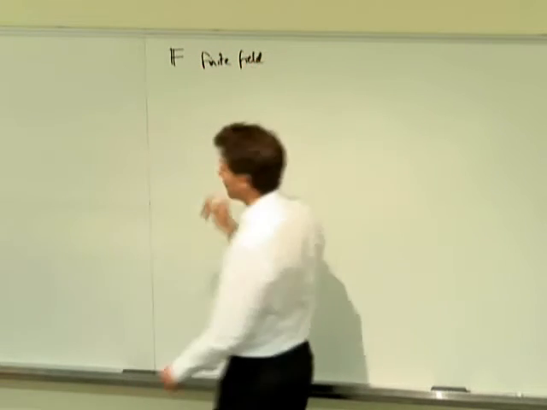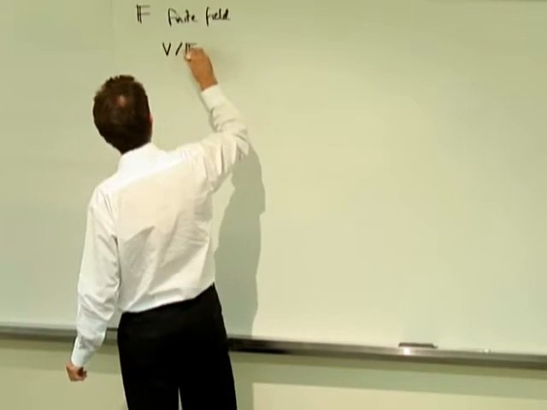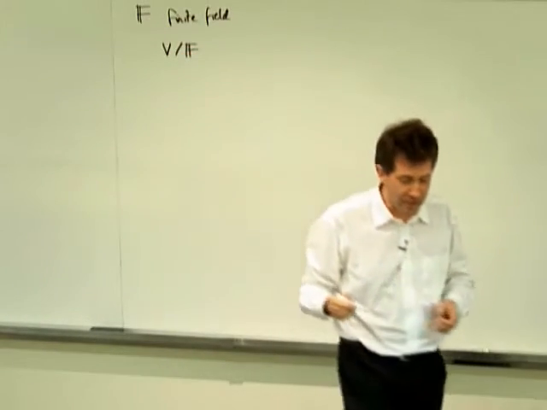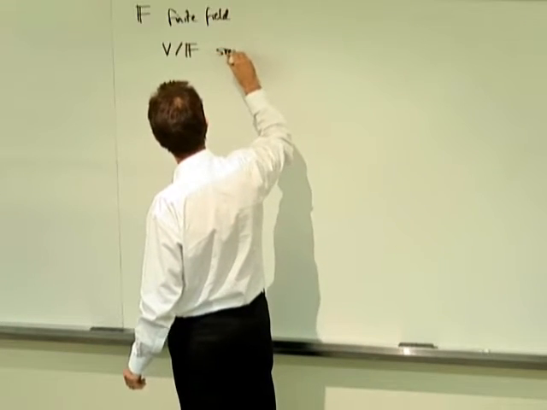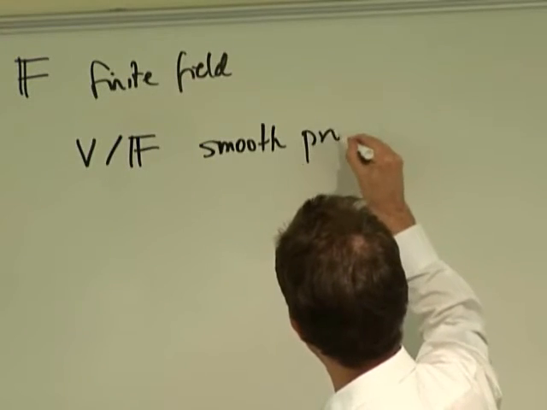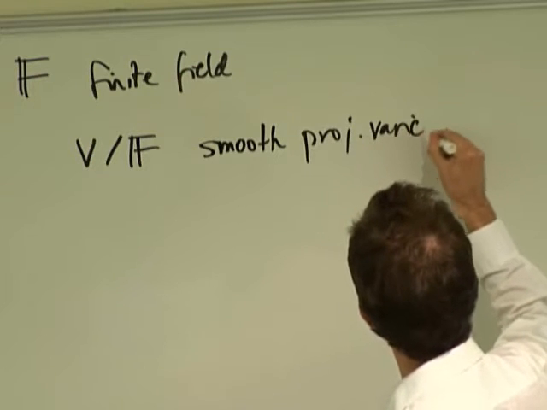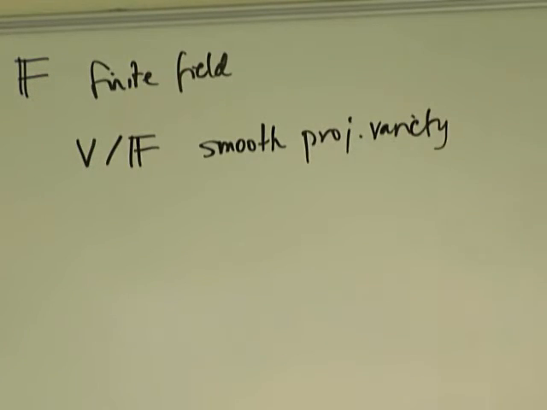And given a variety over a finite field, so if V over F is a variety, and usually when I say variety I mean something like a smooth projective variety, described by algebraic equations, then such a thing will have a number of points.